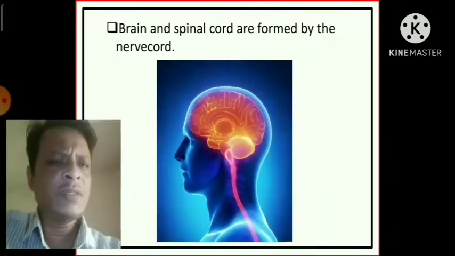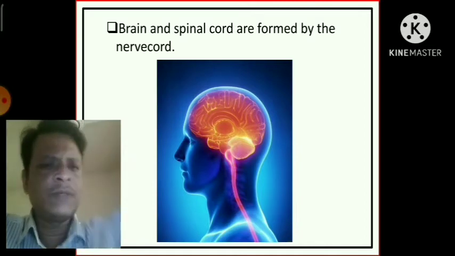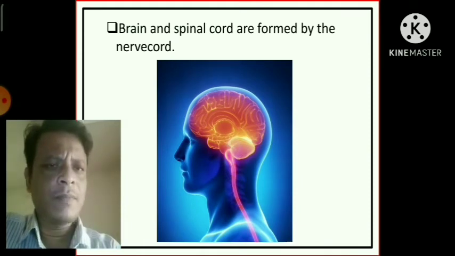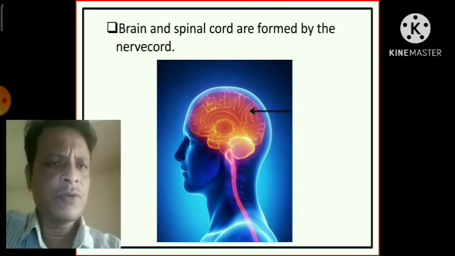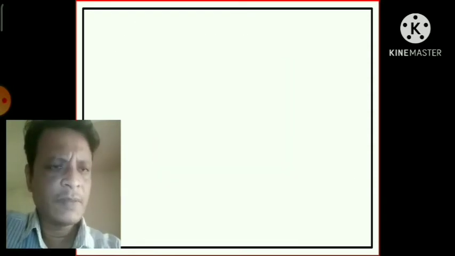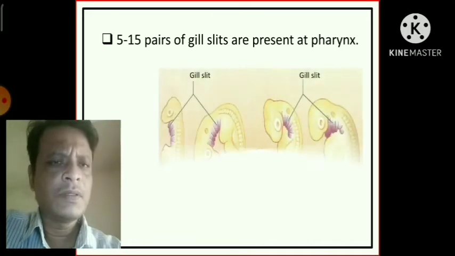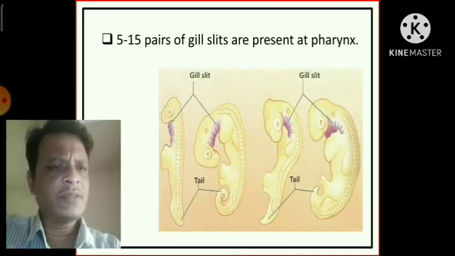The anterior portion of the nerve cord is modified into the brain, and the remaining part gives rise to the spinal cord. When the animal becomes adult, these two specialized portions are formed from the nerve cord. 5 to 15 pairs of gill slits are present in the pharynx.